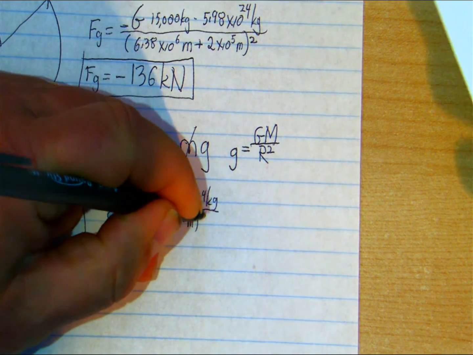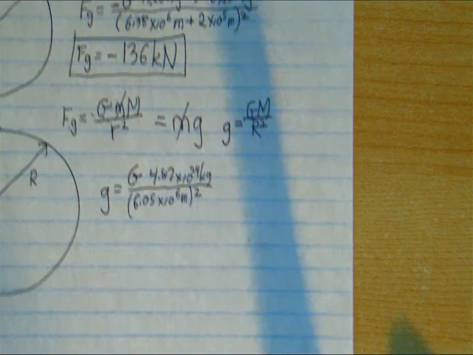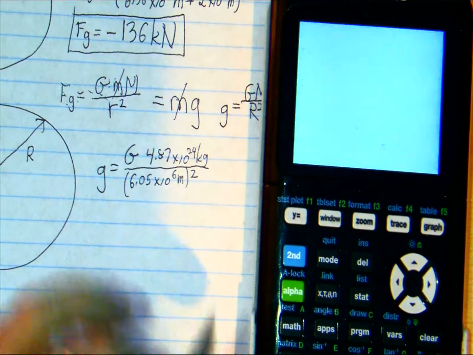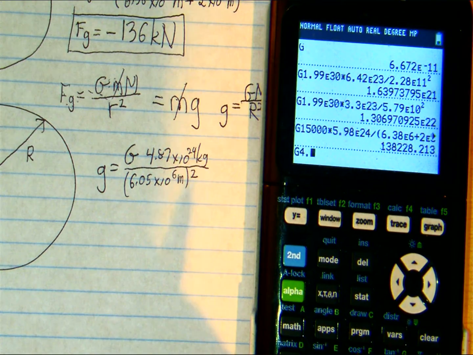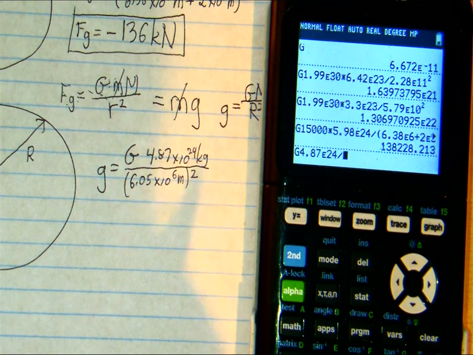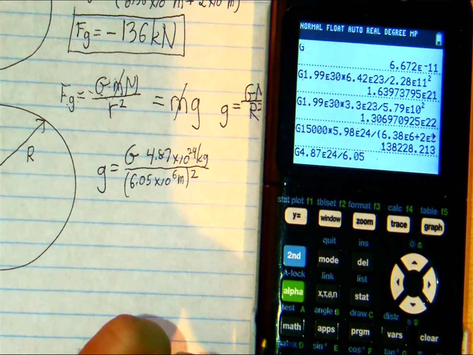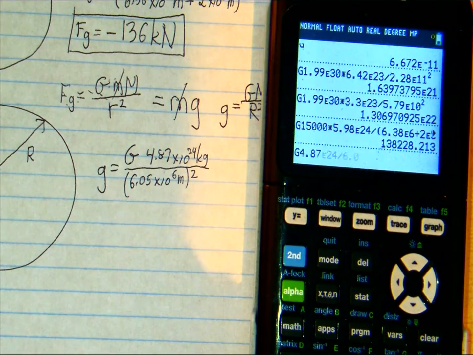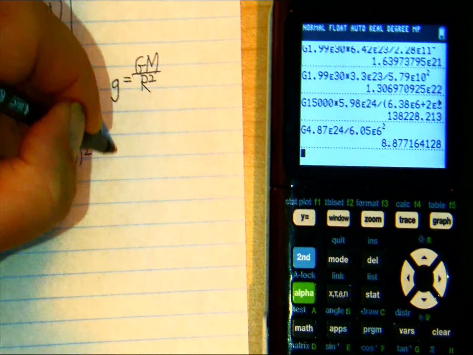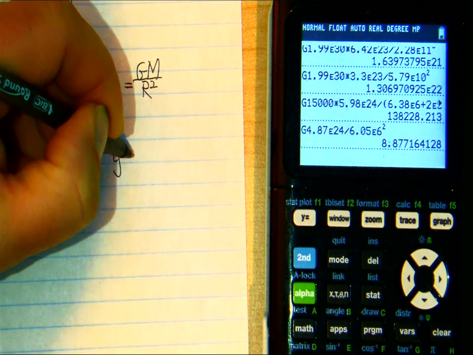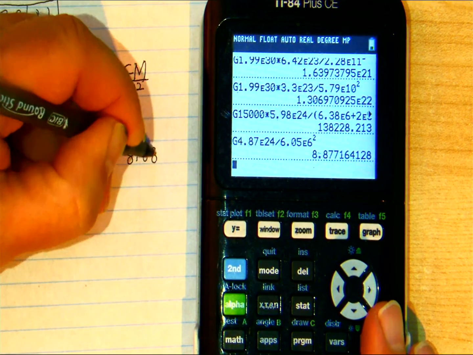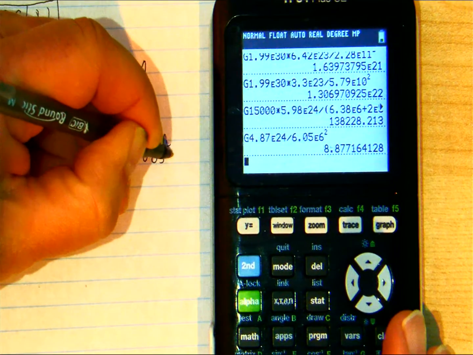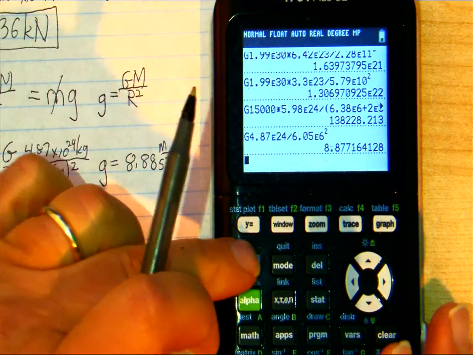And of course, you're going to square that quantity before you press the enter key, hopefully, and go alpha G times 4.87 times 10 to the 24th divided by 6.05 times 10 to the 6th x squared, enter. The acceleration due to gravity on the surface of Venus is 8.88 meters per second squared, of course, in the downward direction.